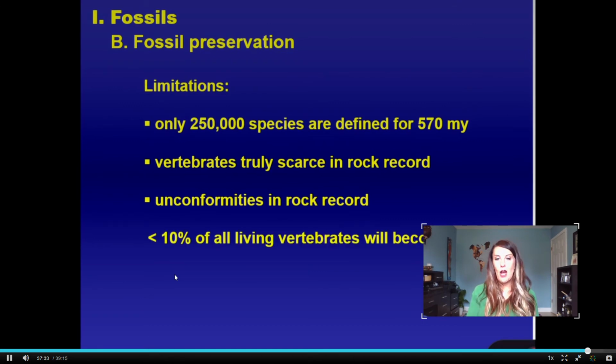And we will sum it up with saying that less than 10% of all living vertebrates will become fossils. And as we explore the uprising of life in the fossil record, where we started in the Precambrian 4.6 billion years ago, we'll have to pay a lot of attention to the invertebrate record, because that's where the motions of life are first going to be found. And so it's going to be pretty exciting to be able to explore with you over the course and remainder of the semester.